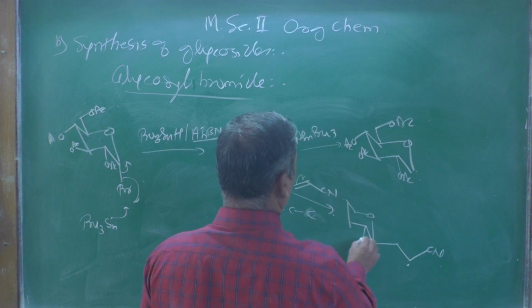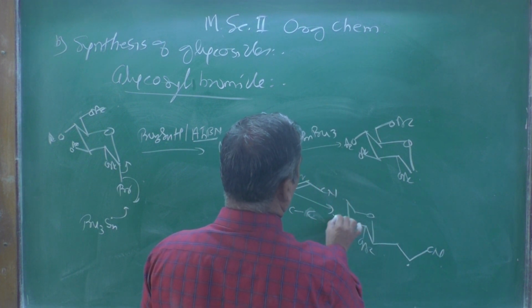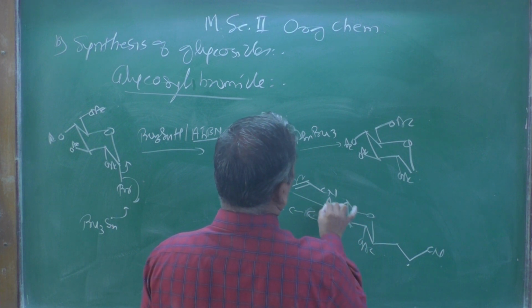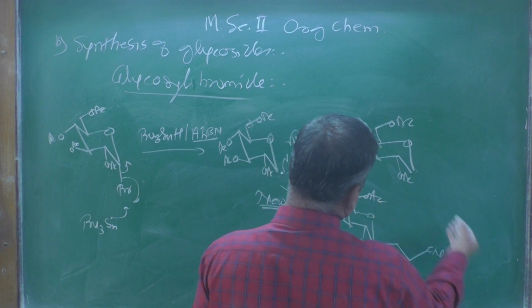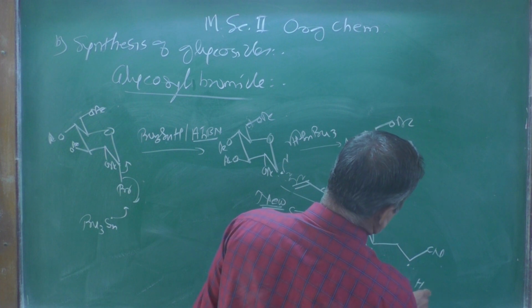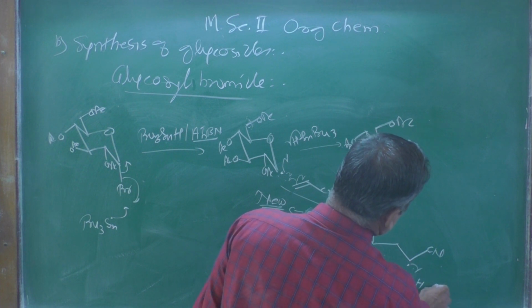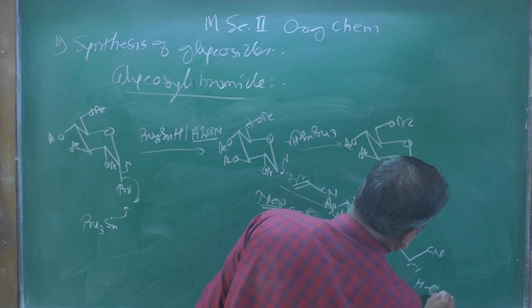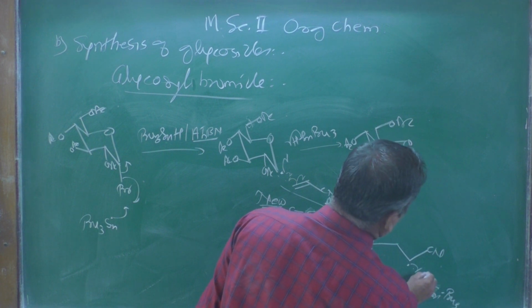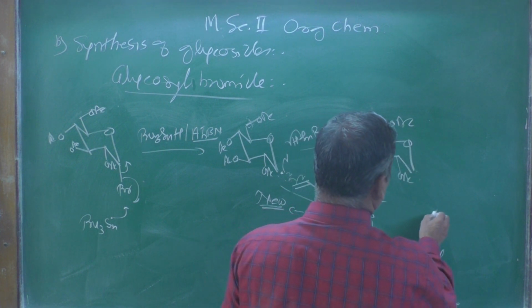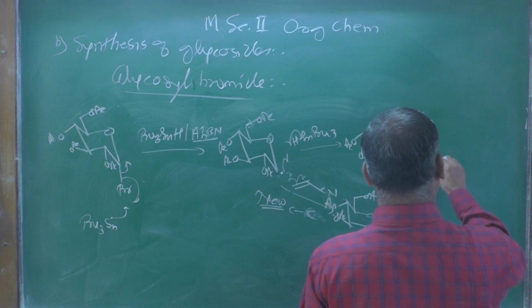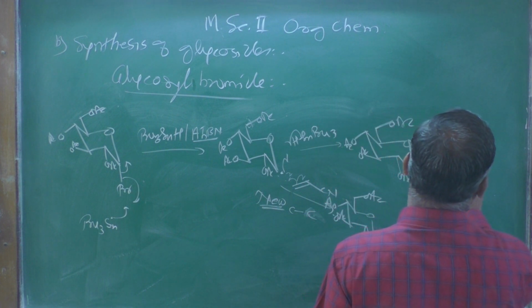That type of compound, a derivative you may get over here, then OAc and OAc. This can abstract the proton from SnBu3 like this, and you will end up with a compound like this one.